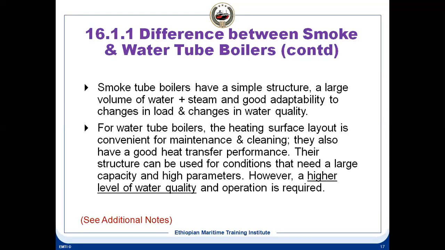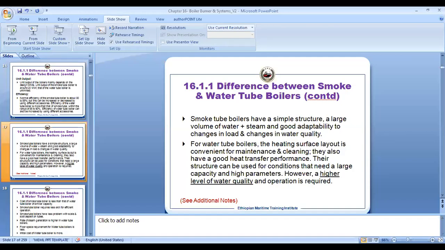Since the efficiency is much higher and there are no limitations as far as pressure and temperature are concerned, your water tube boiler can be of a very large capacity when it comes to kilograms of steam per hour. But the limitation of a water tube boiler is that it requires a higher level of water quality. Now, why does it require a higher level of water quality as compared to a smoke tube boiler?